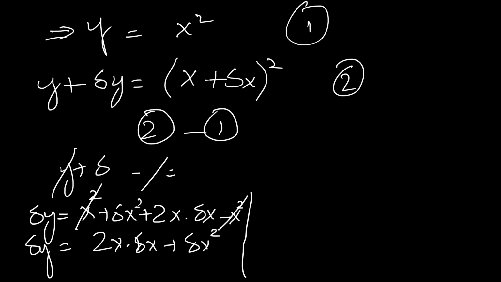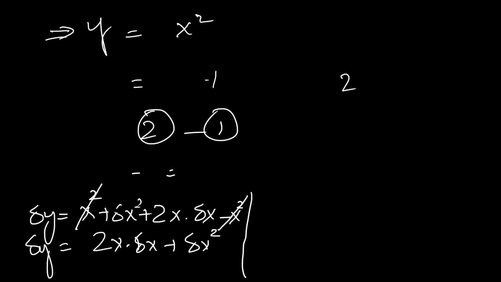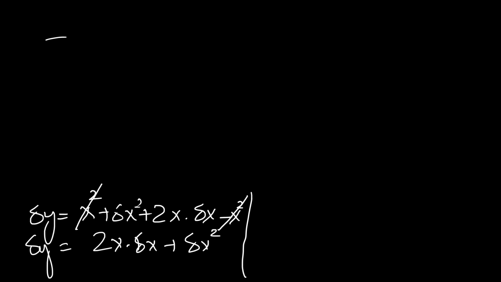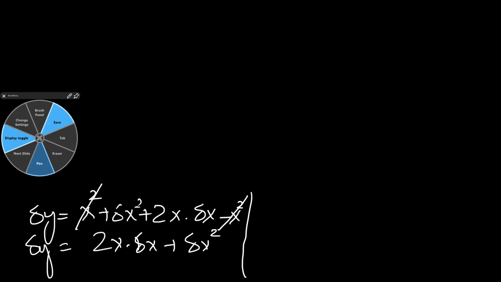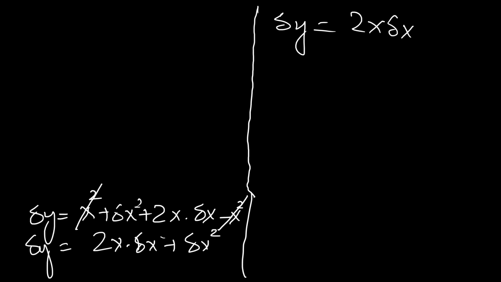I'm gonna erase this and continue from here. So partial y is equal to 2x partial x plus partial x square.